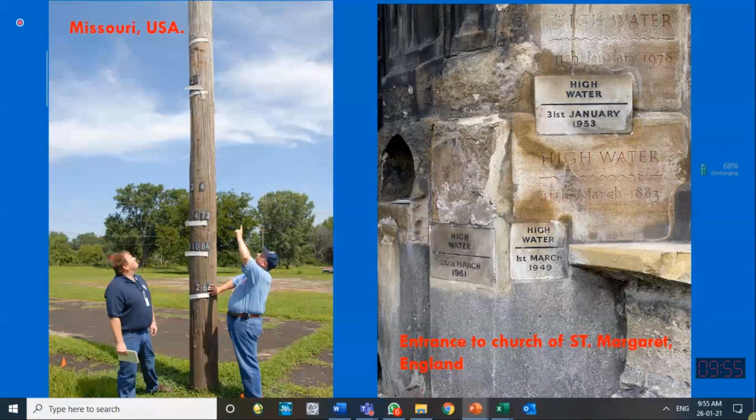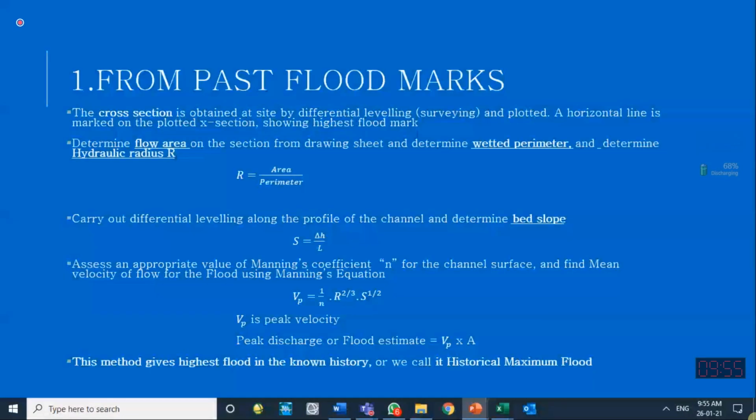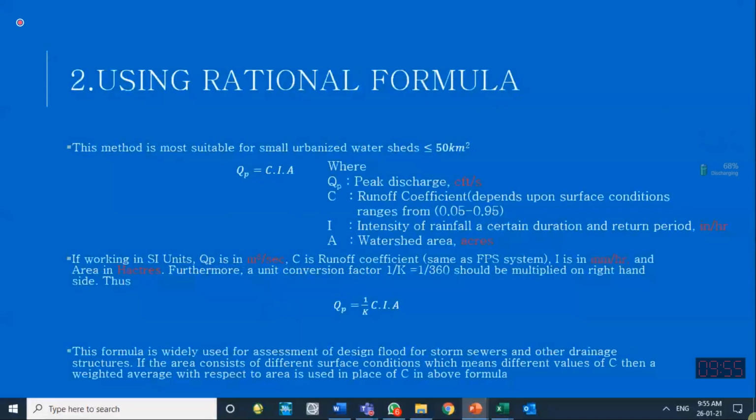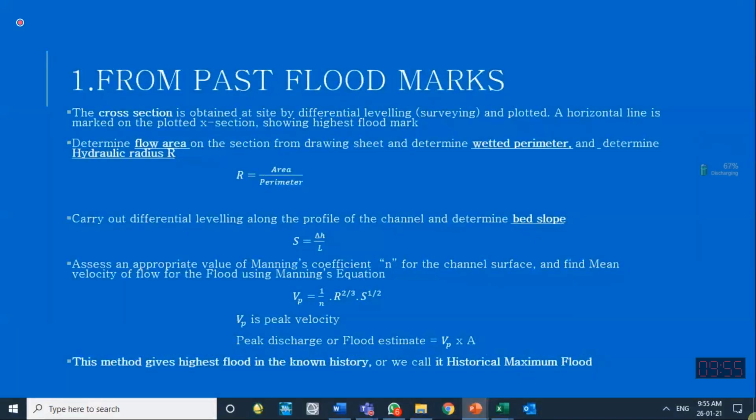This is used if you have no recorded flows and only the flood marks. Sometimes such flood marks are not there. This is important, and most of the time it will happen. These flood marks are also not recorded by the local people. Then you have to visit the area and ask the people with higher ages, 60s plus, what was the maximum level of flood in their lifetime.